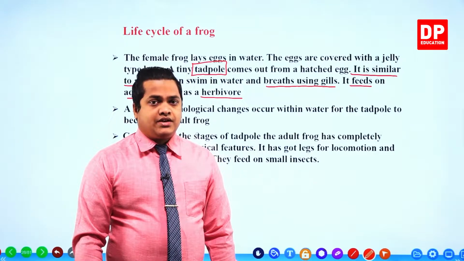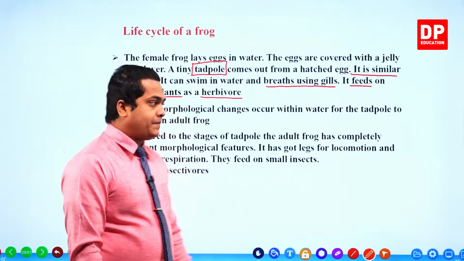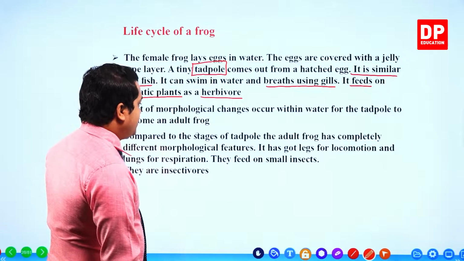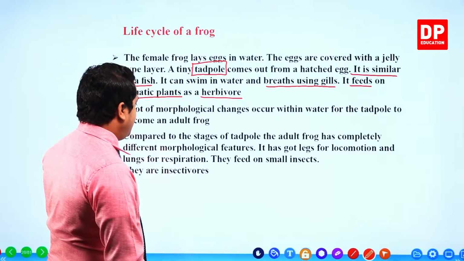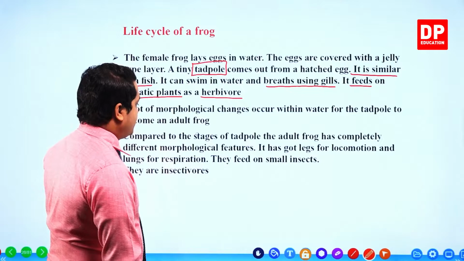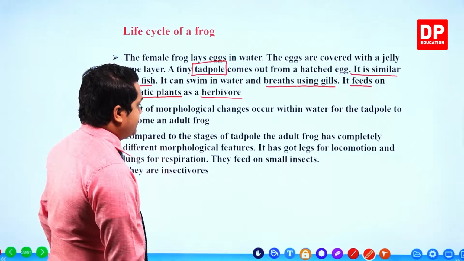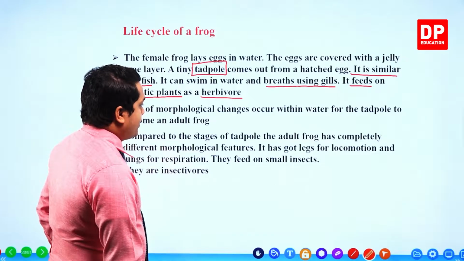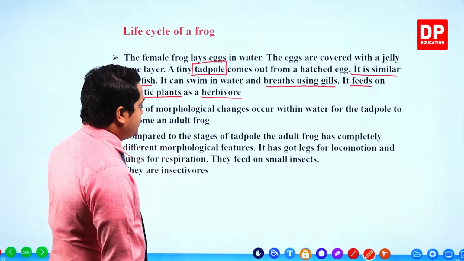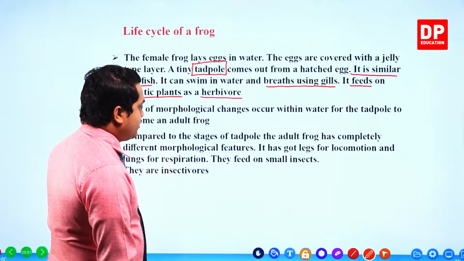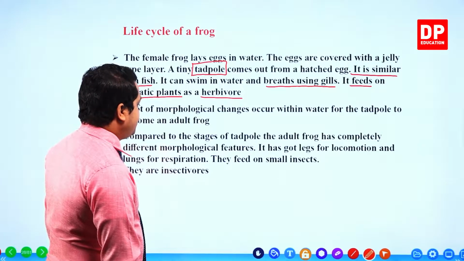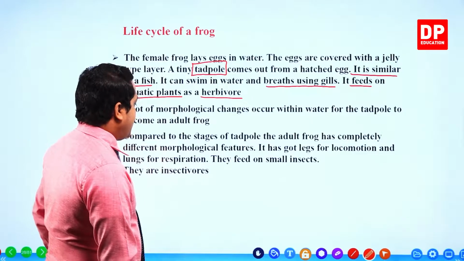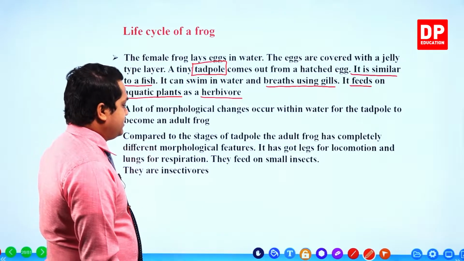When the tadpole is getting converted into a frog, compared to the tadpole stage, the adult frog has completely different morphological features. It has legs for locomotion and lungs for respiration. They feed on small insects and they are insectivorous.